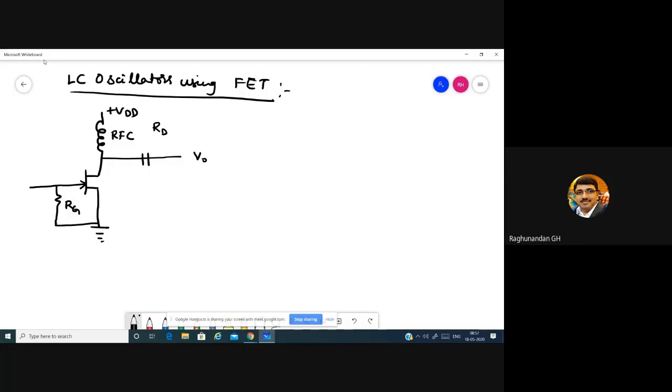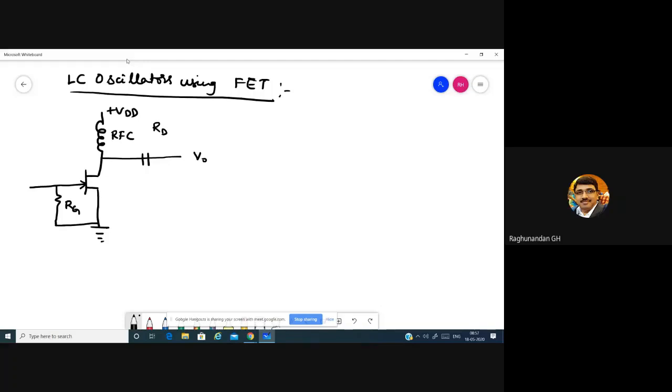BJT is very easy to get added with noise, but FET is quite difficult to get added with noise. That's why we go for FET. And the size problem is more in the BJT, but with FET the size is quite reduced compared to BJT. For these kinds of reasons we go for FET rather than BJT.